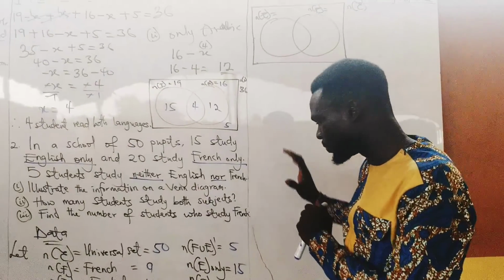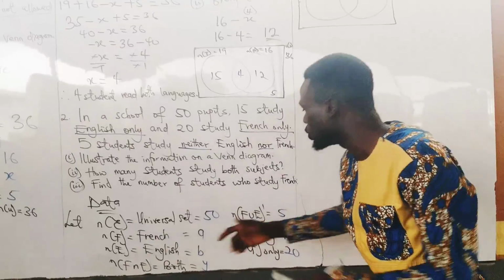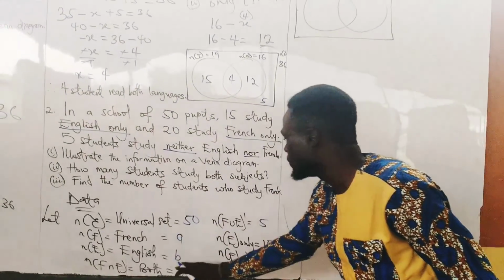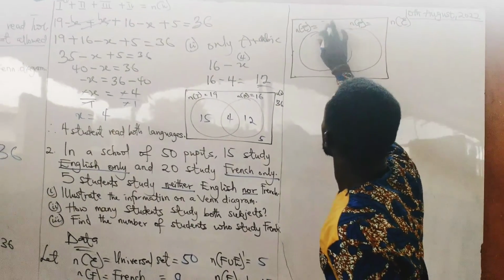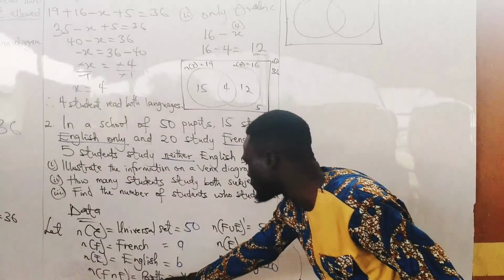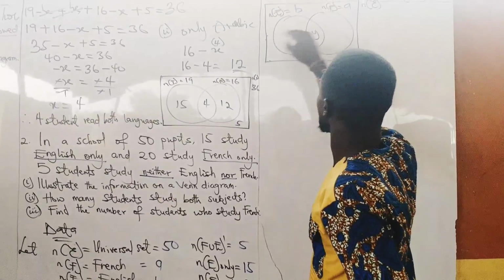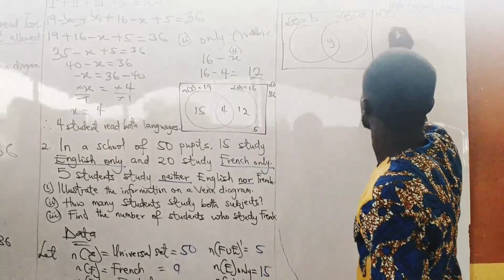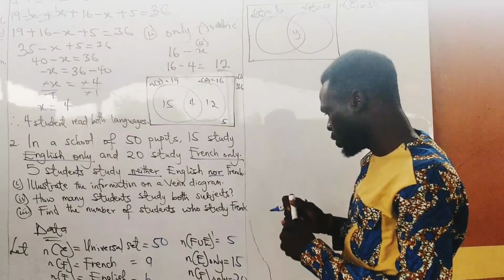We do the position of values. The number F we don't know, but we made it a variable A. The number E we also don't know, so we call it B. Then both, which is the intersection, we don't know, so we use a variable Y. Then you have the universal set as 50, so we put it there so that we'll be able to know it.